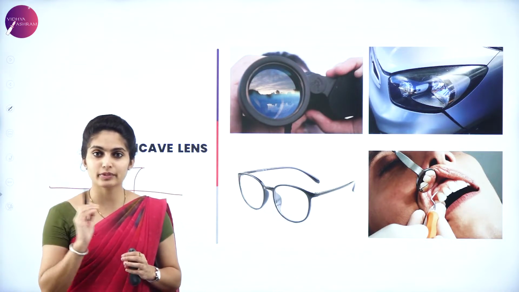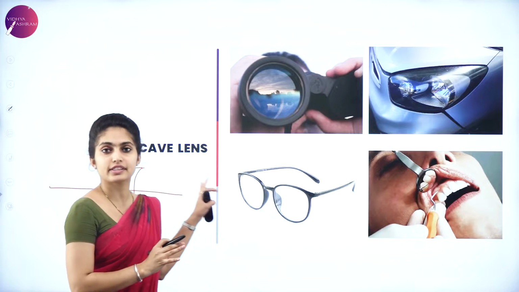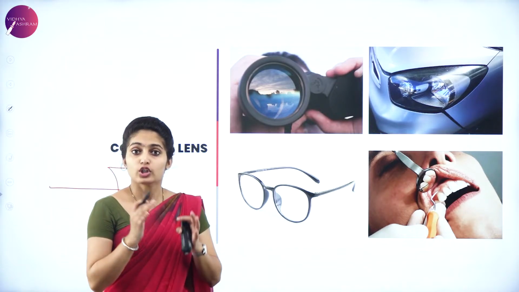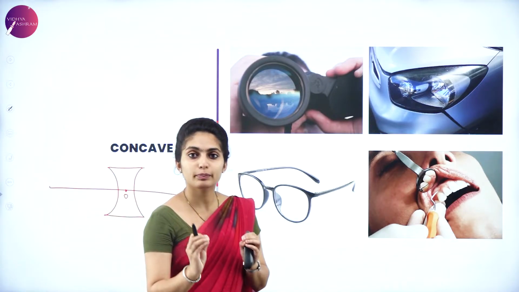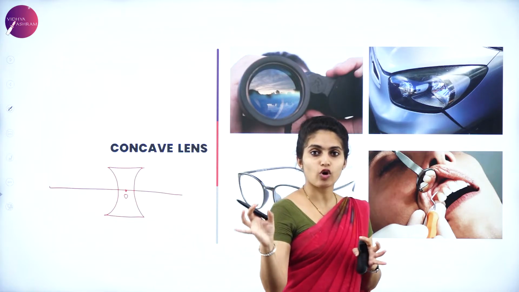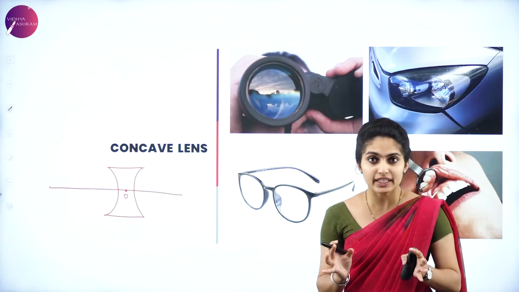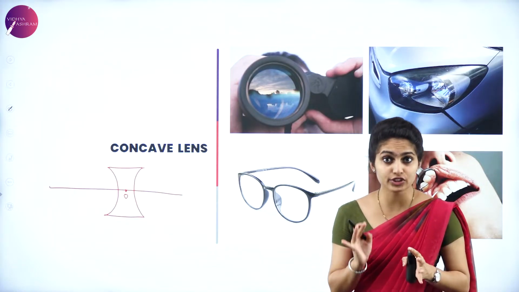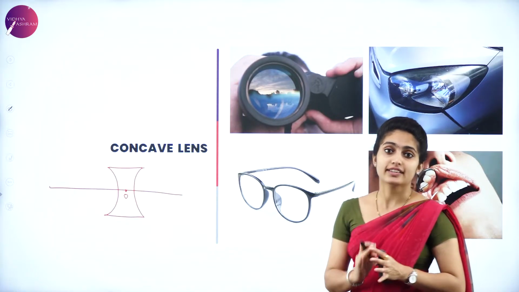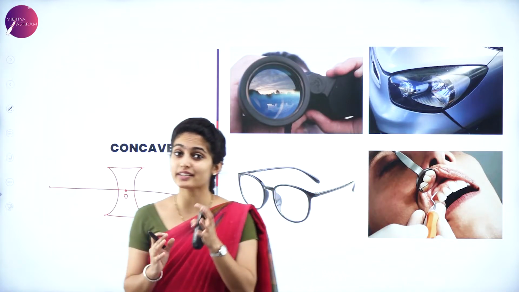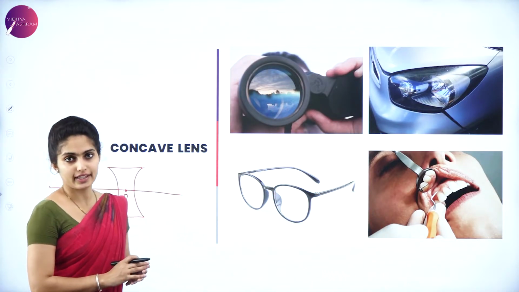Like a pole in the mirror, you have an optic center at the center of the lens over here. So whichever parallel beam of light travels from an object towards the lens, those parallel beams appear to converge, but exactly it diverges, okay, appears to meet at a point, but it diverges.